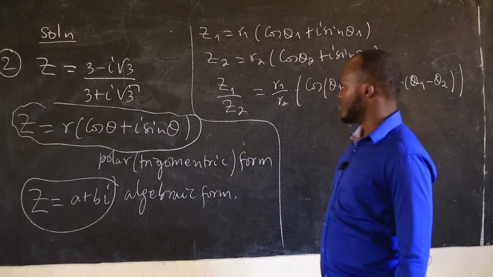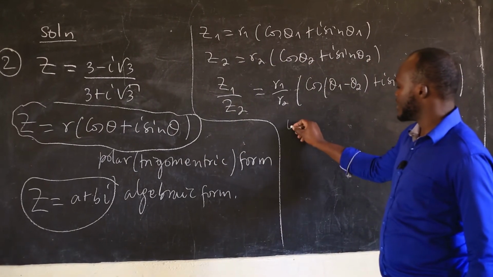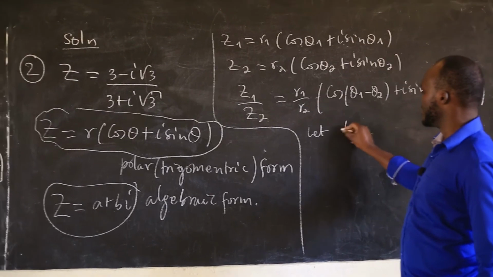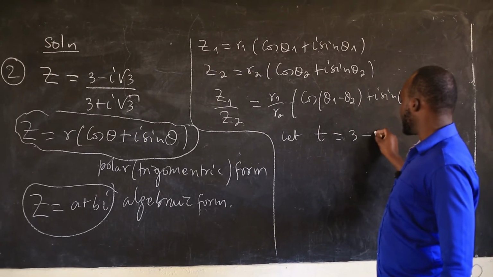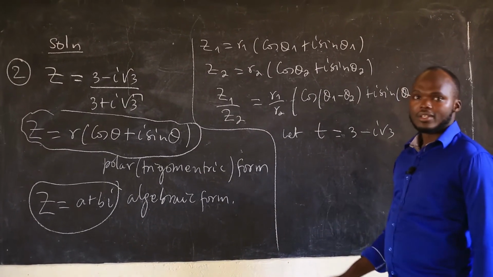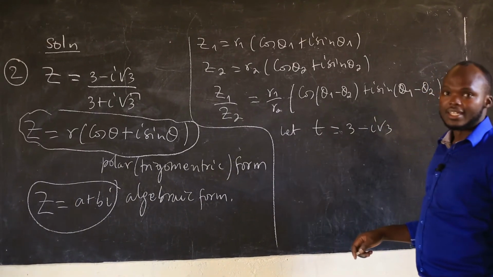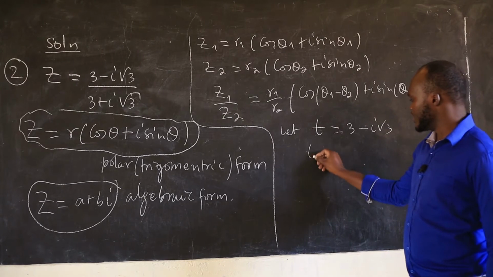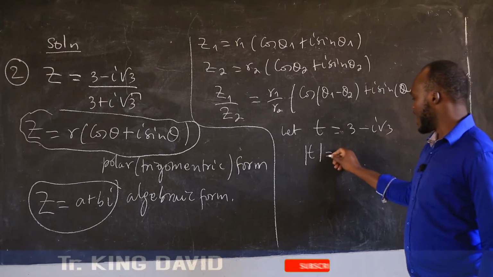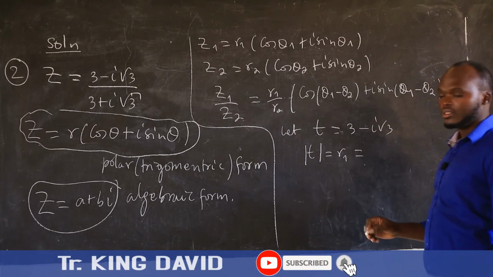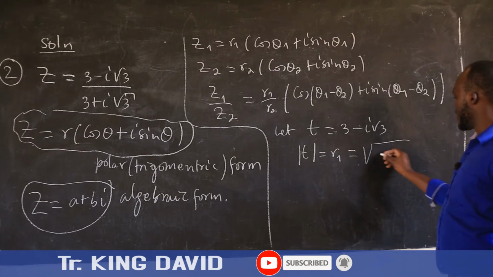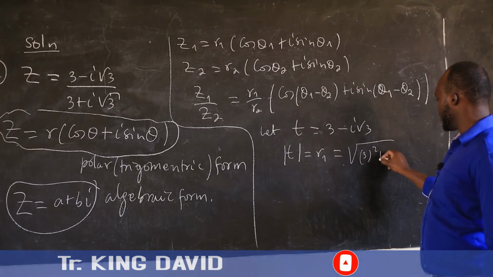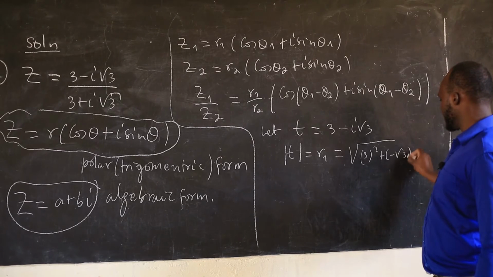polar form. So we let t be 3 minus i root 3. So we are going to express t in polar form. The magnitude of t, which is r1, is equal to the square root of 3 squared plus negative root 3 squared.